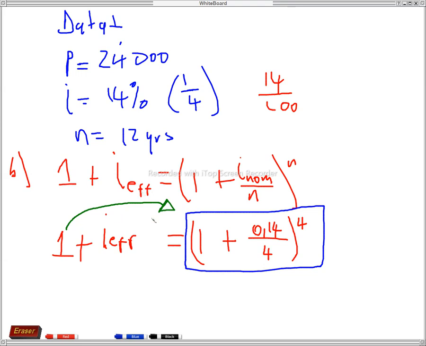So it's going to be negative, if you transpose that, you already know that. So let me punch this on my calculator and get my answer here.